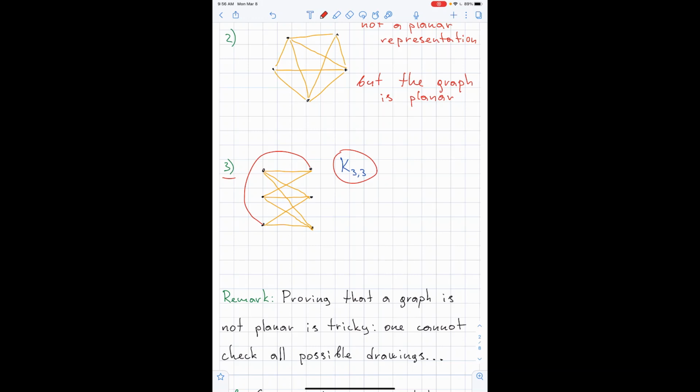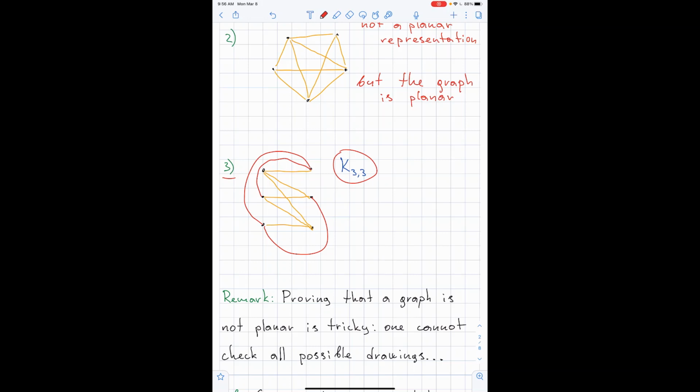Let's maybe take out also this edge and also draw it going around like this. Then we can do something similar with this edge. So this edge we can still go around like that, but now we are stuck.